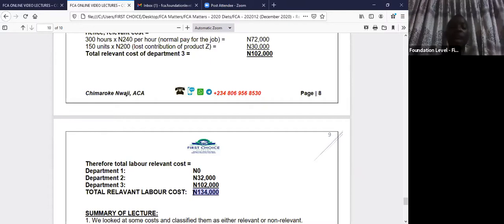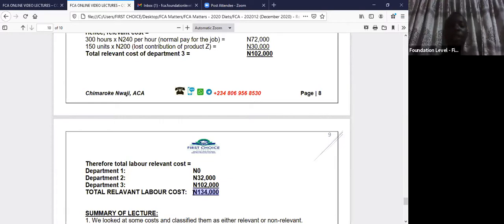Now, assuming our example 1 and example 2 are fused together, and they said, give us an overall amount to charge. You have to do material relevant cost, material K, material Q, you join them together, look for labor, Department 1, Department 2, Department 3, you add everything together and you say material relevant cost, this amount, labor relevant cost, this amount.